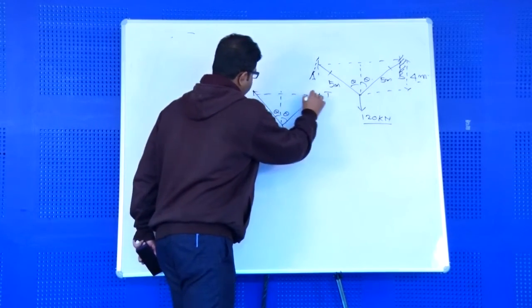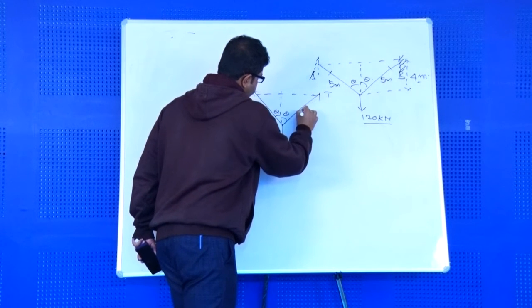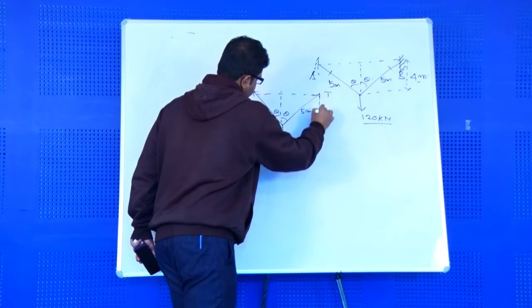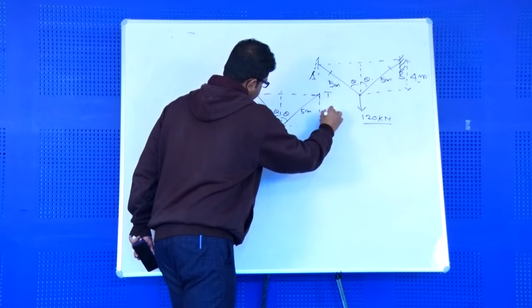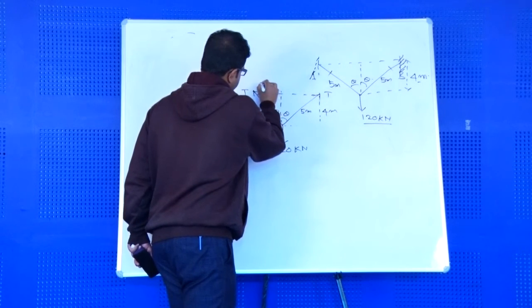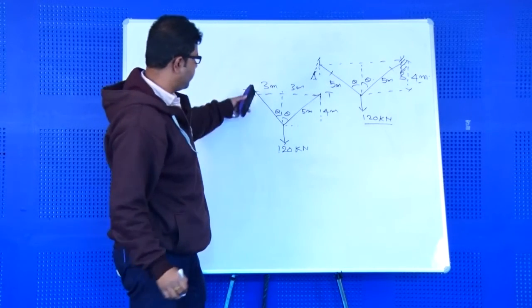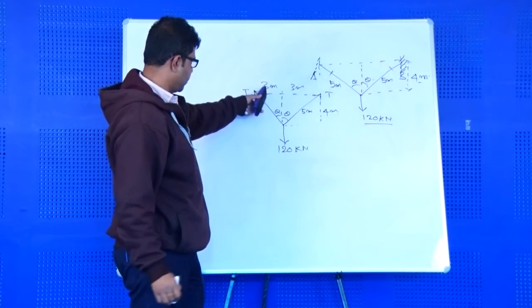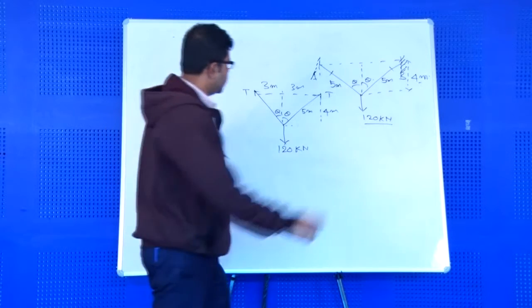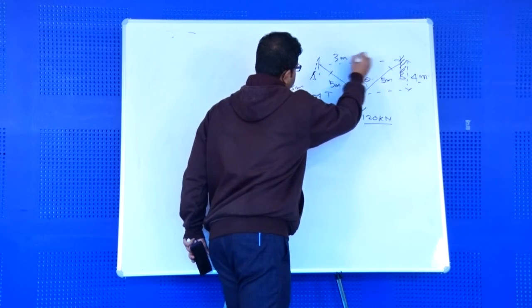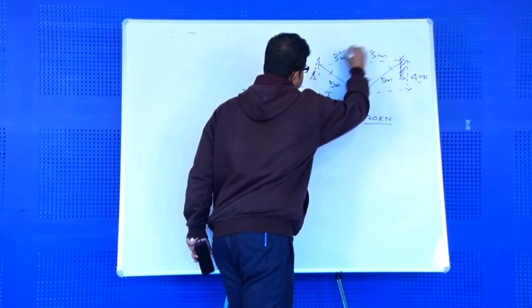So this is 5 meter, this is 4 meter, and let us suppose the central span of the cable is 6 meter, divided into 3 meter and 3 meter.